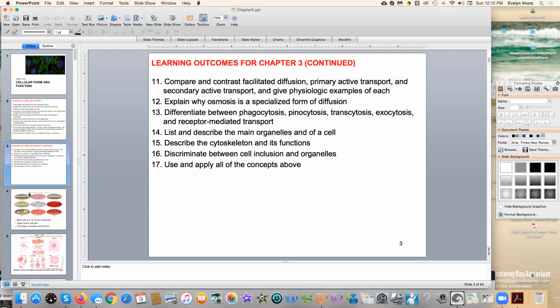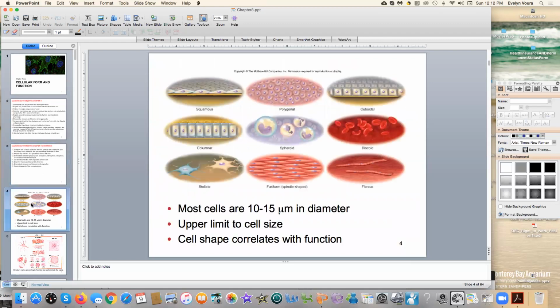So first of all, getting into cells, the first thing you're going to have to start to do is identify cells by their appearance, all right? So you need to be able to look at these, and you could probably get some examples of each kind. So if you see the term squamous, you'll know that it is a very flat layer of cells, polygonal, I don't know how to say that properly, but that just means that there's quite a few sides if you're going to look at them from top down.